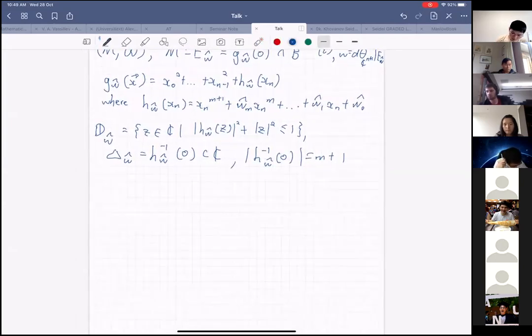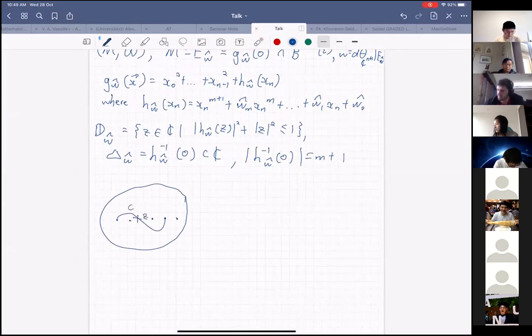So what do we have now? Last time I told you that given some curves, you can associate a Lagrangian sphere.